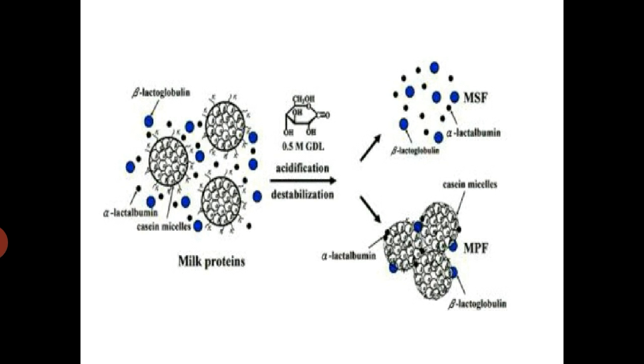Beta lactalbumin and alpha lactalbumin form milk suspension fraction, that is MSF. Then alpha lactalbumin, beta lactalbumin and casein micelles form MPF, milk pellet fraction. About 90.7% of milk protein coagulate into MPF.